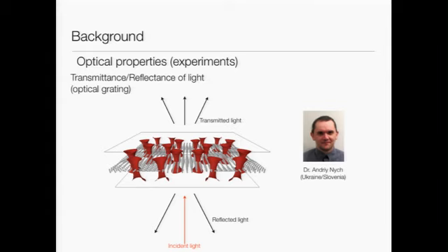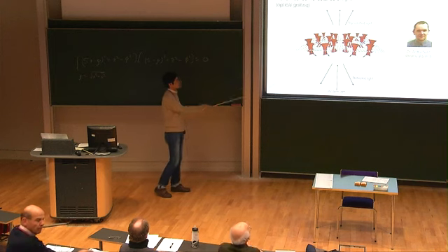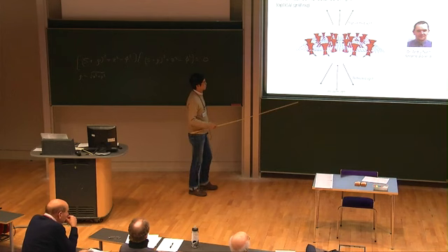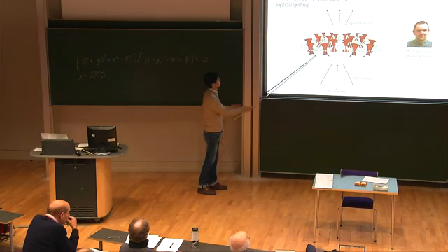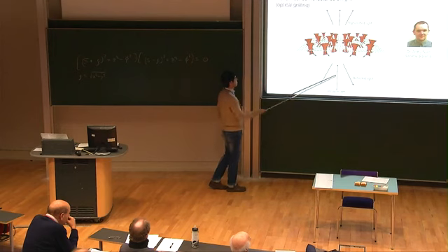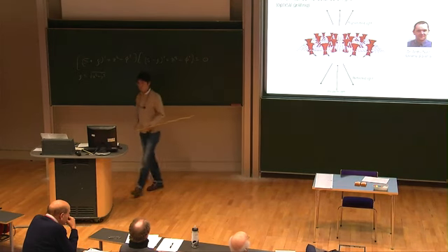But I just want to say that his experimental study also motivated us to help him by calculating the optical properties of a thin system of liquid crystals. The optical properties means how this liquid crystalline system responds to incident light, say light is transmitted or light is reflected.